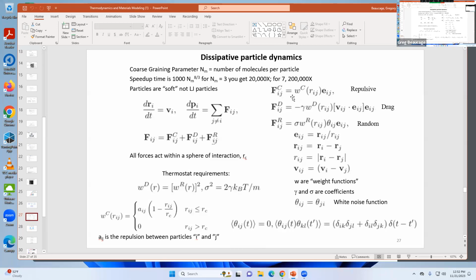And then the random force has this theta, which is a white noise function. That's just a yes-no, 1-0 function that pops up randomly, and it can be positive and negative. So it can kick the thing forward or backward or either sideways. Right, so basically that's the kicking function.